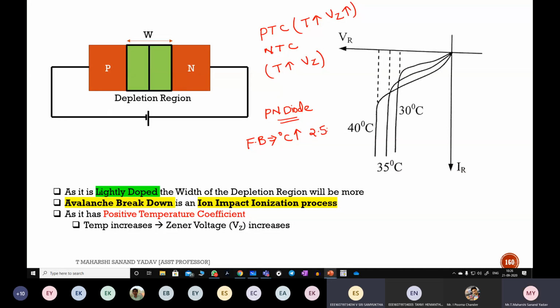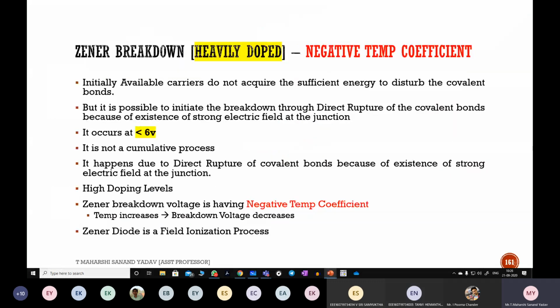No, no. Per degree centigrade rise in temperature, the characteristics shift left at a rate of 2.5 millivolts. In reverse bias, for every 10 degrees centigrade, it gets doubled. Good. So I hope you are clear with both PN diode as well as Zener diode with respect to temperature coefficients.